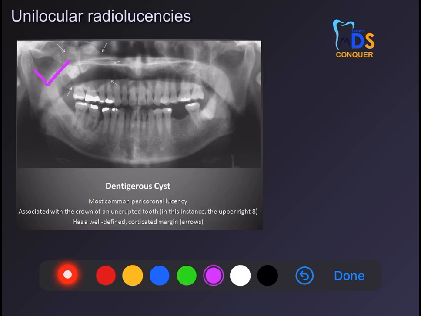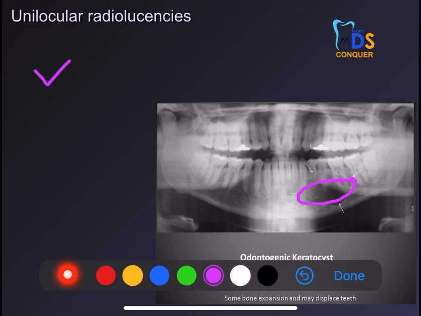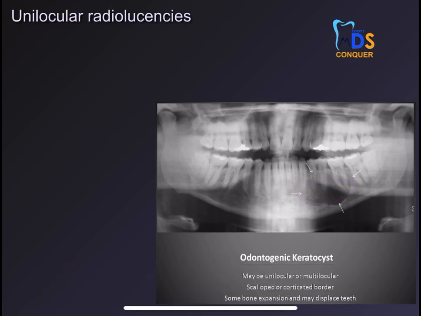And it is associated with an impacted tooth with a unilocular radiolucency. So it could be most probably a dentigerous cyst. And now if you see an OKC here, wherein it shows a unilocular appearance and anteroposterior expansion. So that shows that it could be an OKC. Okay.